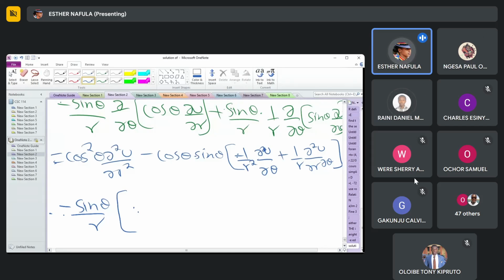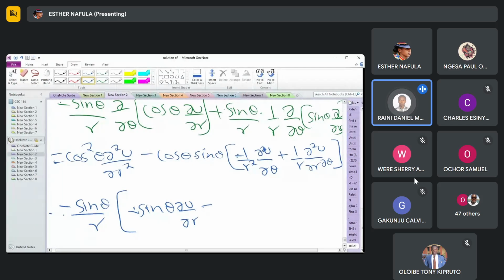If you differentiate cos, minus sin theta, minus sin theta partial u partial r, plus cos theta partial squared u over partial theta partial r.